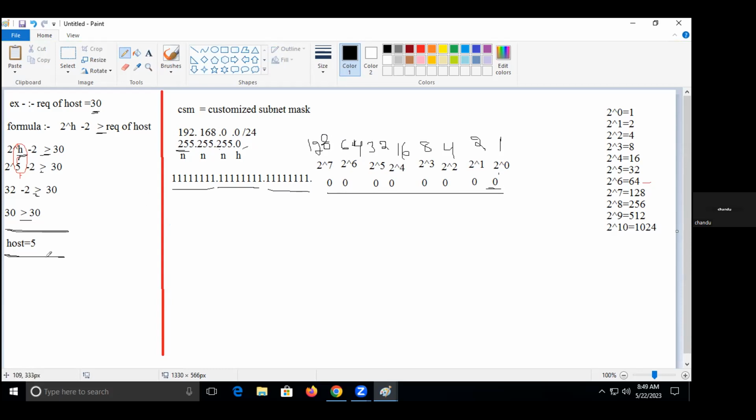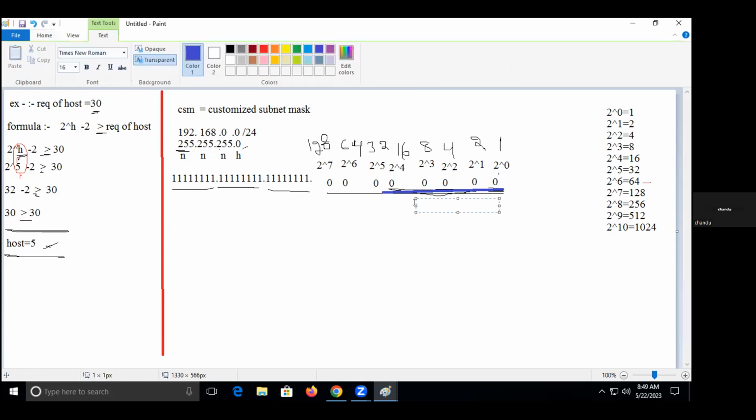Now understand the host value is 5. When you do subnetting, if you get host value 5, it should be counted from right to left: 1, 2, 3, 4, 5. These 5 bits are the host.